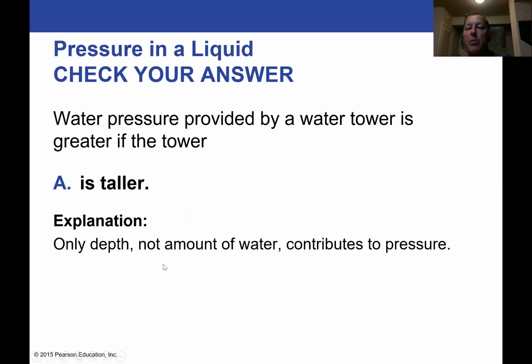It doesn't matter how much water is in there. All that matters is how tall is the water tower. The taller the water tower, the more water pressure there is. That's why they built these water towers really high, so that the water pressure can be distributed over a great distance and still have very, very high water pressure.